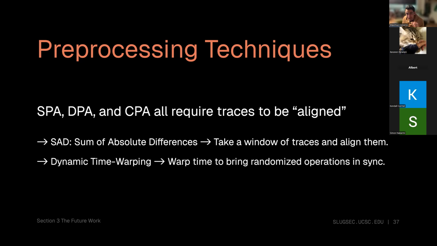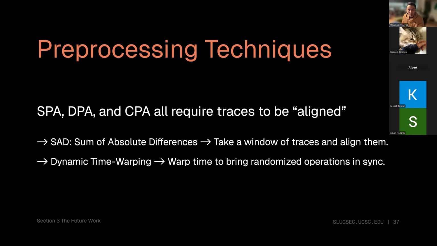Dynamic time warping. This is more of an exotic pre-processing approach, which is really helpful for dealing with randomized delay, which you will see sometimes in other teams' code bases, in which they add random delay where you're waiting a couple milliseconds and then you're not waiting, and then you're waiting 10 milliseconds.